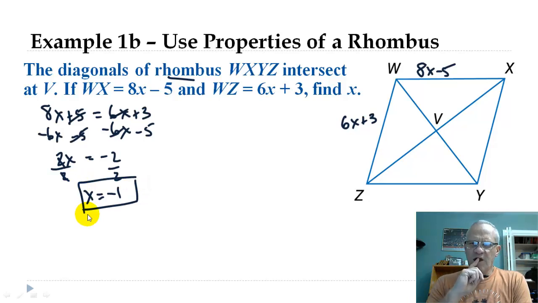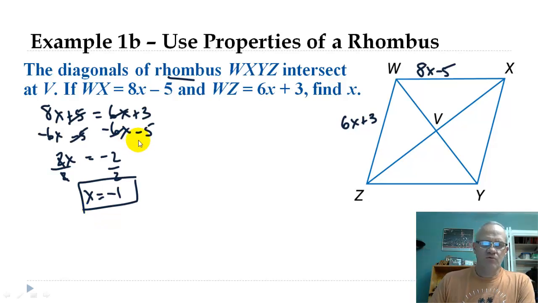Okay, you know what I did wrong? I'm going to explain something here. Why did I stop and think about that for a minute? I was looking at this x equals negative 1, and I thought, that seems a little strange. Now let me plug it in here to check it.